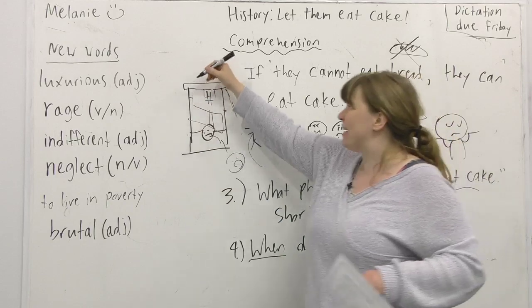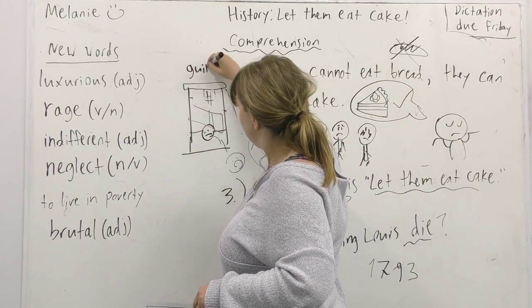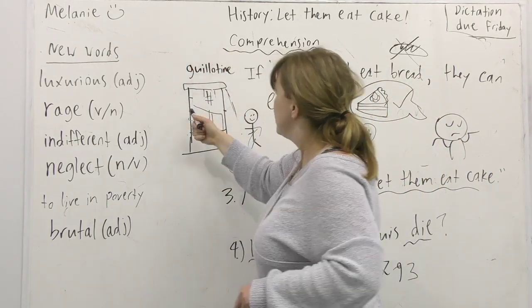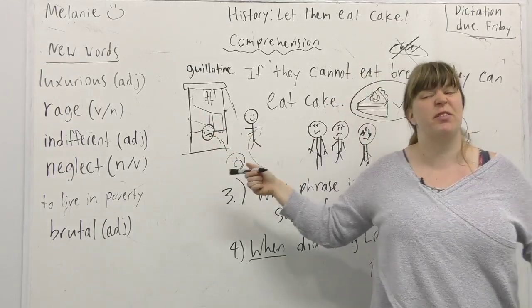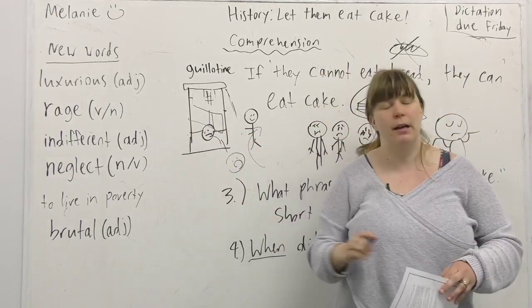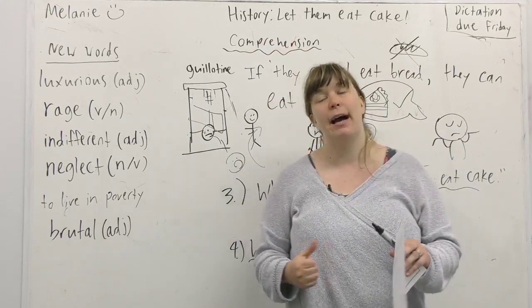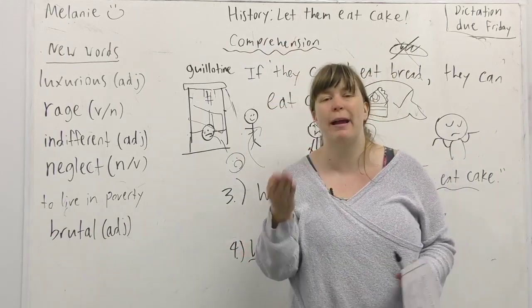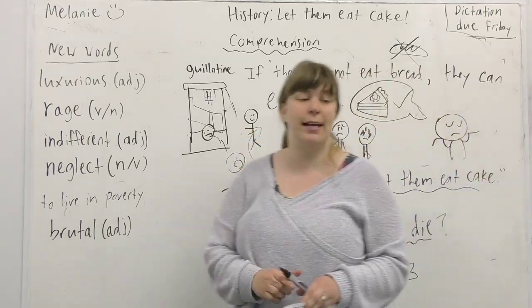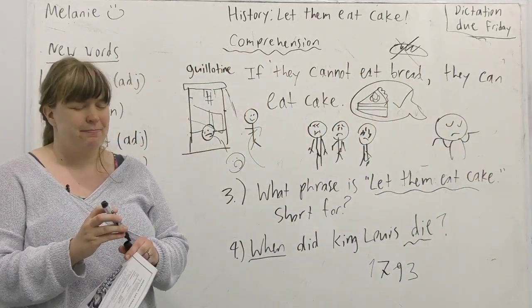This is a guillotine. This was very popular in the French Revolution. It was a very quick, easy death, which was nice, I guess, compared to a slow, painful death. But yeah, that is the guillotine.